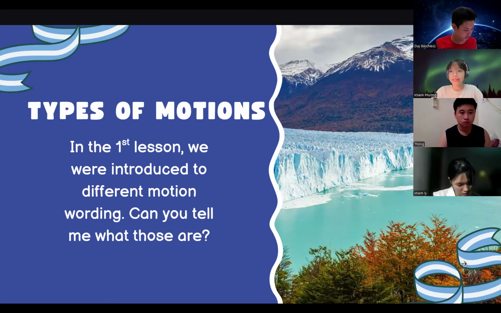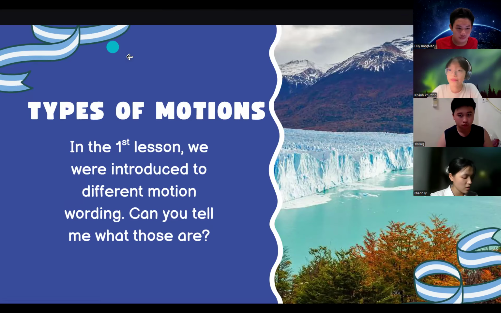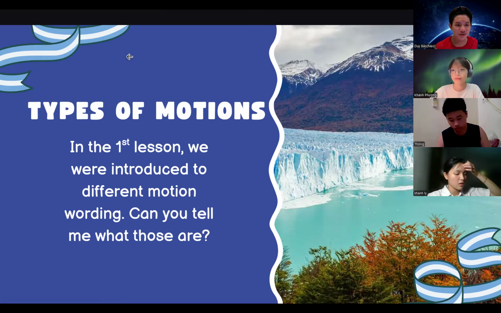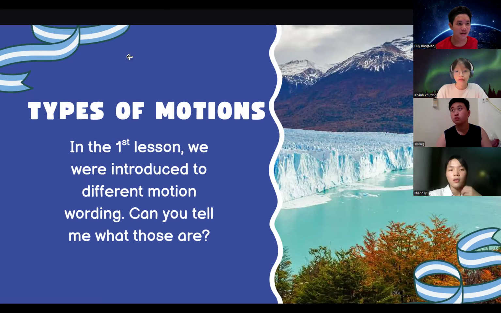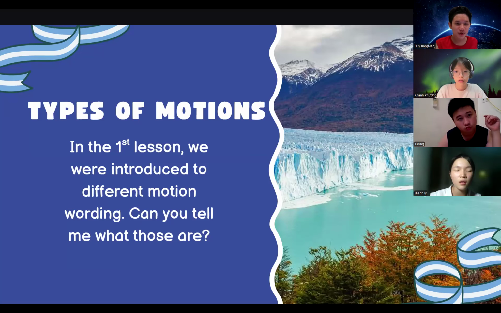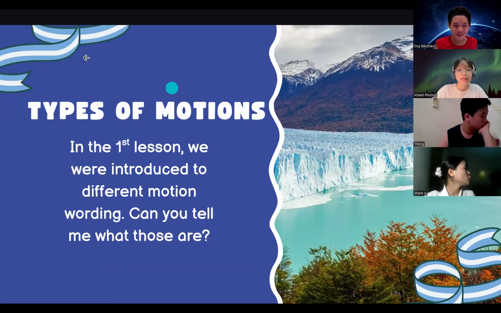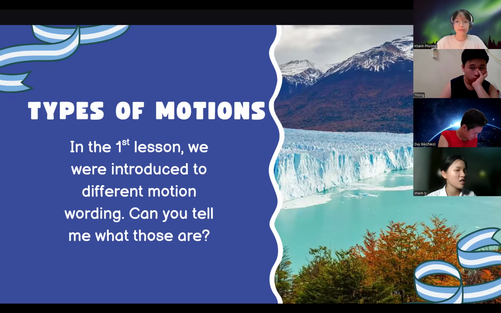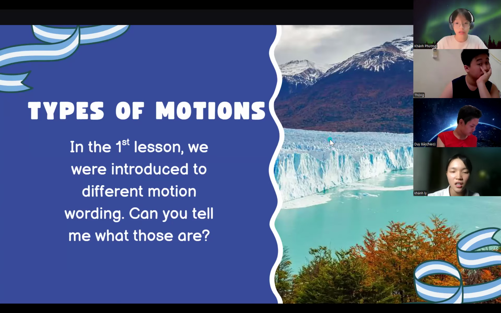Anyone still remembers? Neil, can you tell me some that you remember? I think I remember two. The first one is 'this house believes that', and the second one is 'this house would'. Yeah, that's correct.